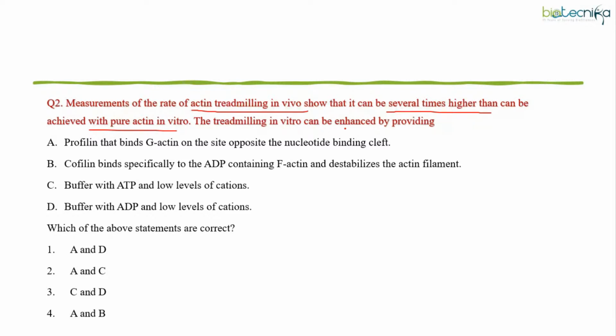The treadmilling in vitro can be enhanced by providing profilin that binds to the G-actin on the site opposite to that of the nucleotide binding site, cofilin which binds specifically to the ADP containing F-actin, destabilizing the filament, buffer with ATP with low levels of cations, or buffer with ADP with low levels of cations. Identify the correct combination of statements from here.